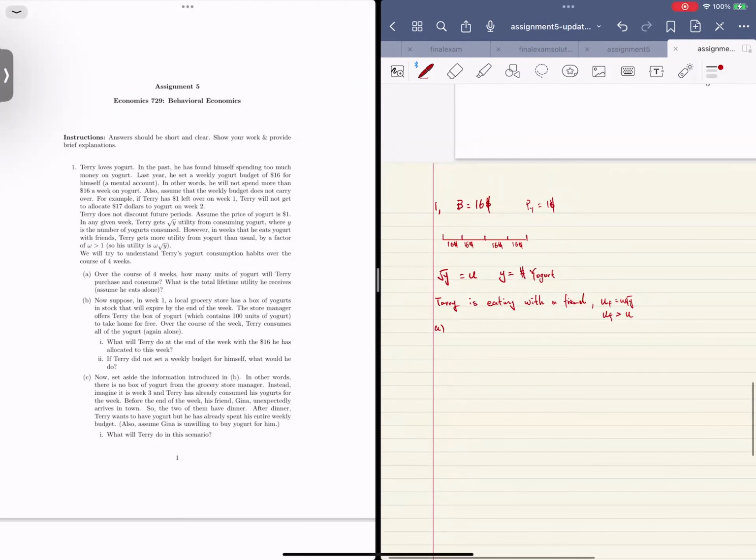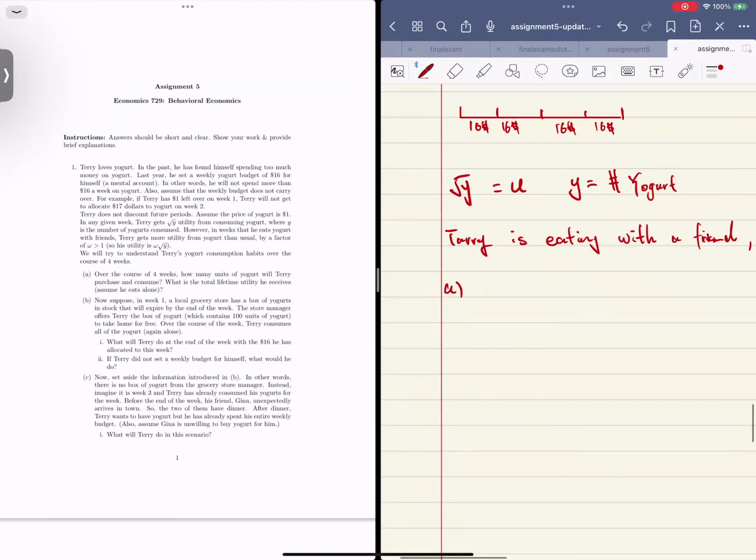That's a long question. Over the course of 4 weeks, how many units of yogurt will Terry purchase and consume? So we have 4 weeks, so we just sum up all the weeks.